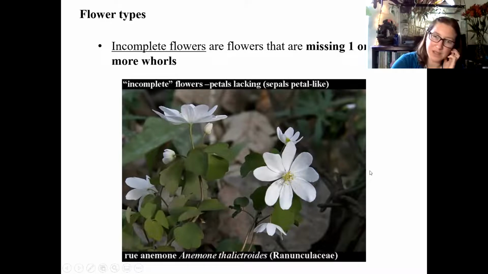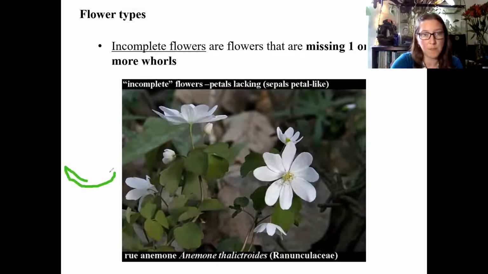This is maybe not the best example, but let's put it this way, I'll draw a flower on the side here. Let's say this is a flower. So here's its sepals, right? This is a different flower than the one shown. Here's its petals. Yeah, beautiful, beautiful flower that I'm drawing here.